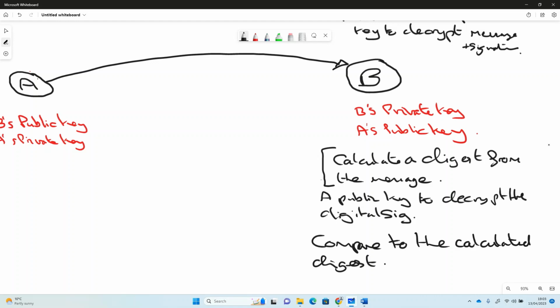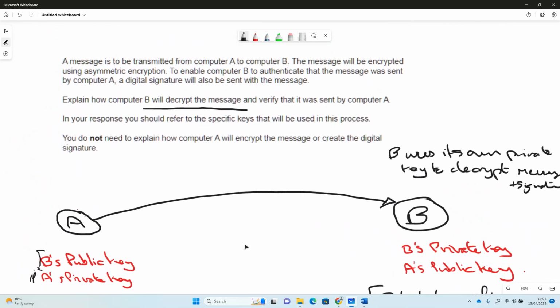So this is just a case of whether the received message and the recalculated message digest can match each other. So if both of these hashes or both of the digests match, then it's going to be the correct digital signature. So that's enough to get the marks on the question that we had there.